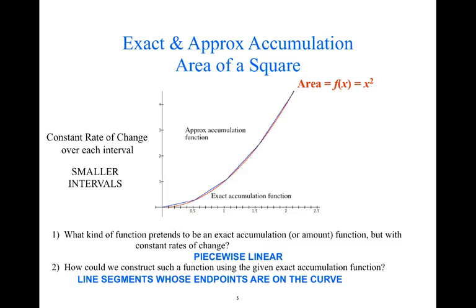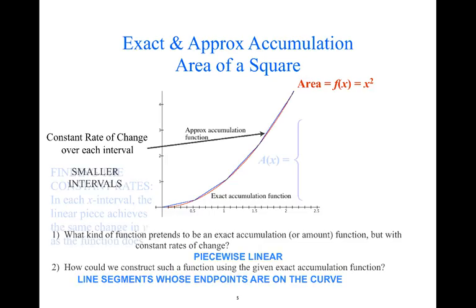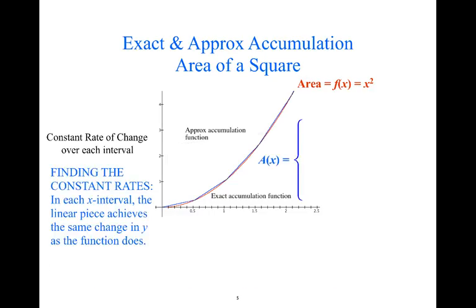So this is a pretty decent approximation now. Again, constant rates of change over each interval are represented by a line. Okay, so with these moments of 0.5, this is a piecewise linear graph.